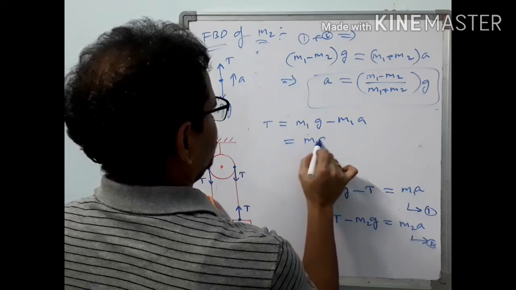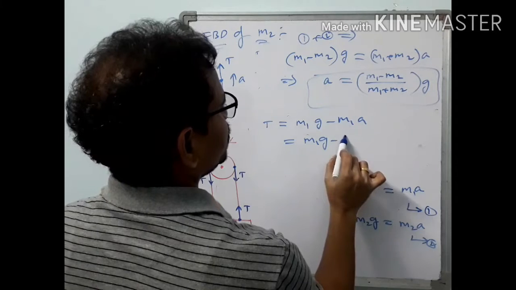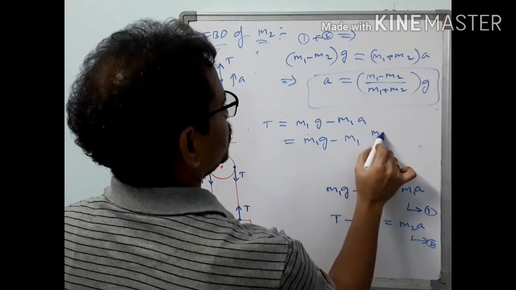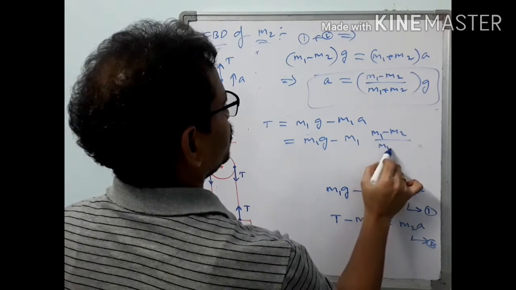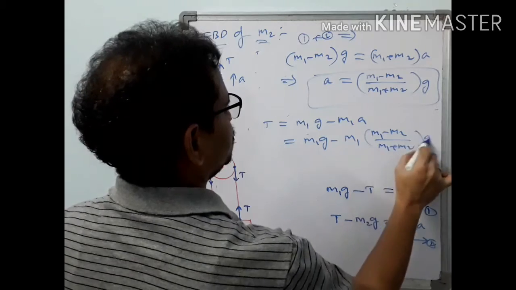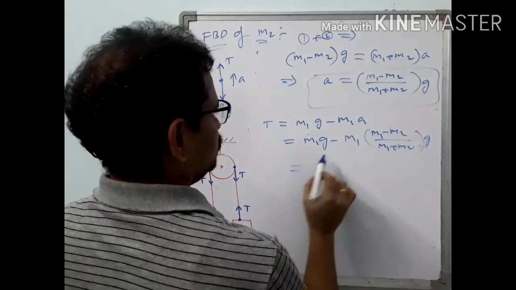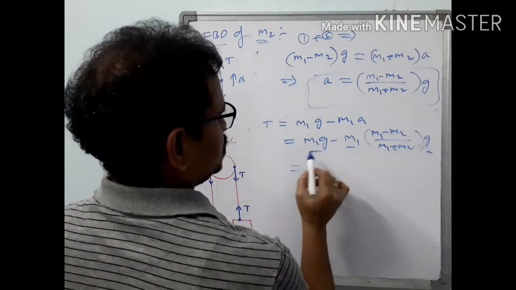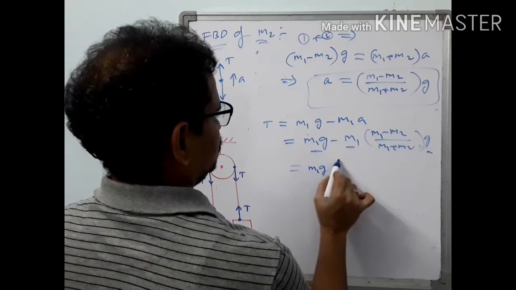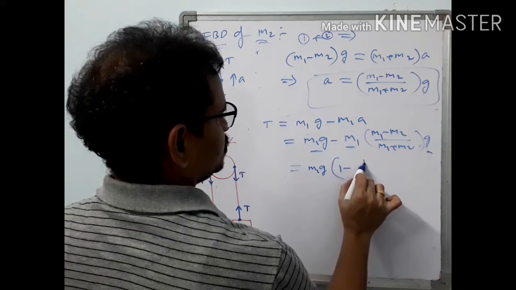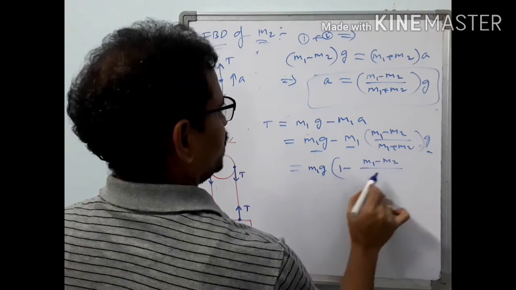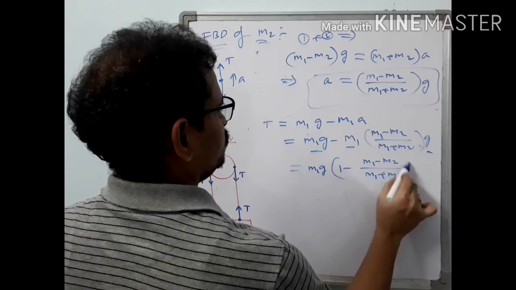So this is equal to M1G minus M1 into M1 minus M2 by M1 plus M2 into G. Let us take M1G constant here: 1 minus M1 minus M2 by M1 plus M2.